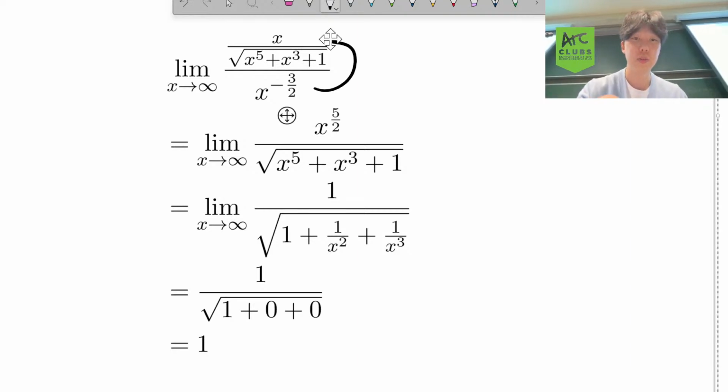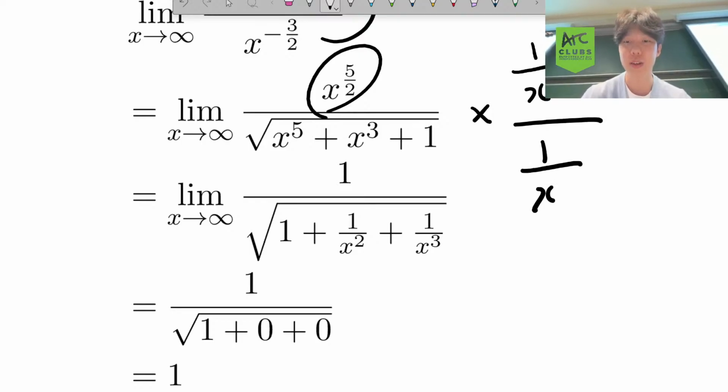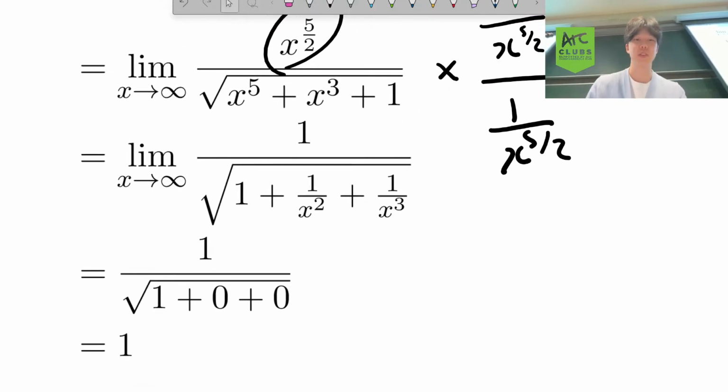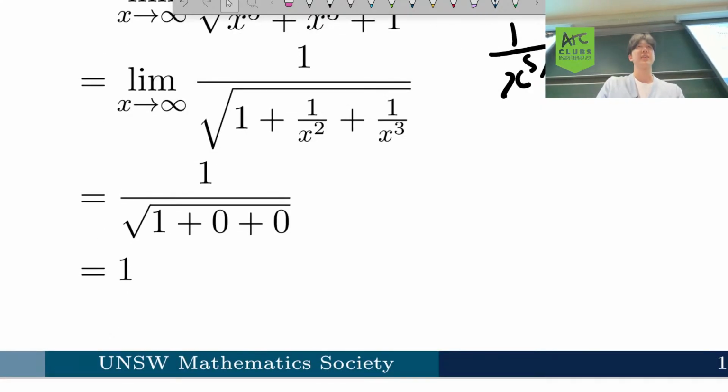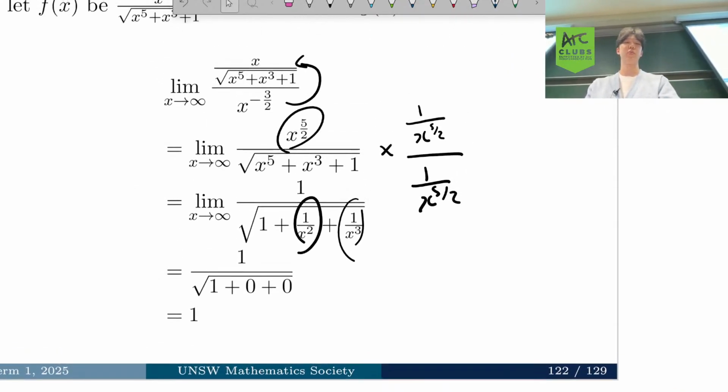Here, I just moved it to the top. That's how we get x to the power 5 on 2 here. What we did was multiply the top and bottom by 1 over x to the 5 on 2. So the numerator becomes 1, and the denominator becomes the root of 1 plus 1 over x squared plus 1 over x cubed. And as x becomes really, really big, these fractions are just going to become 0. Hence, our limit tends to 1.